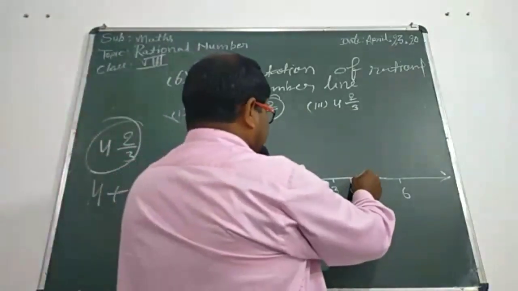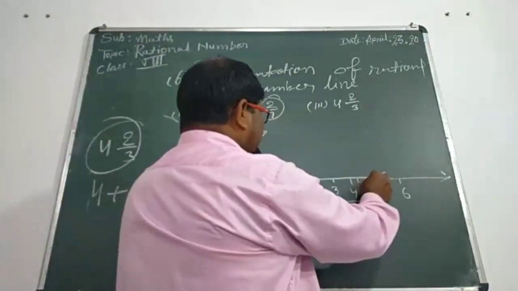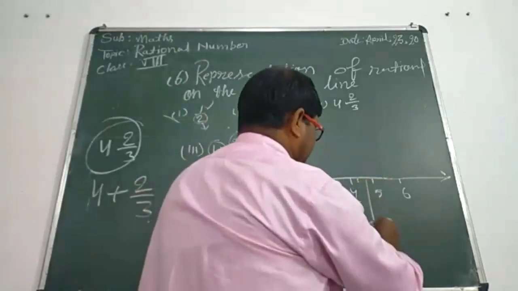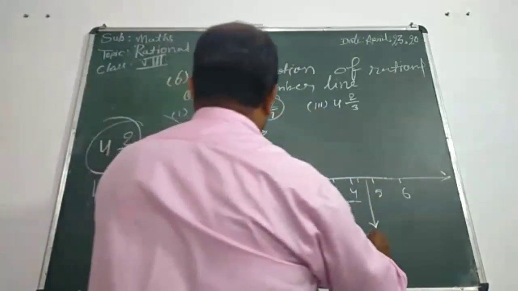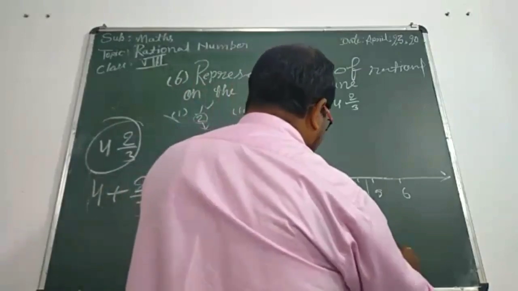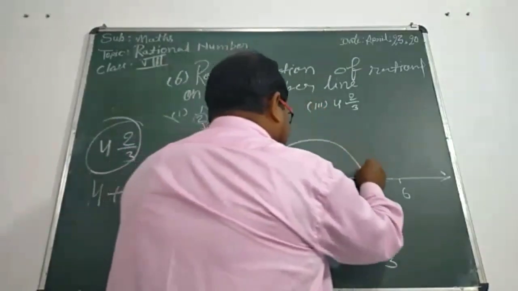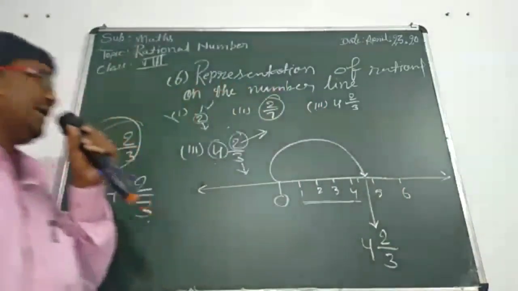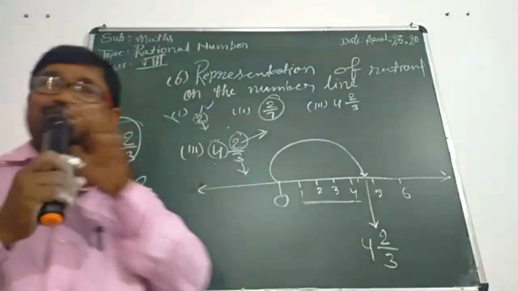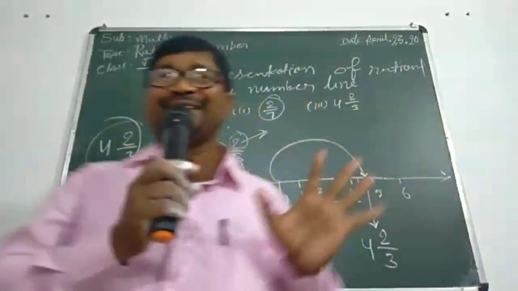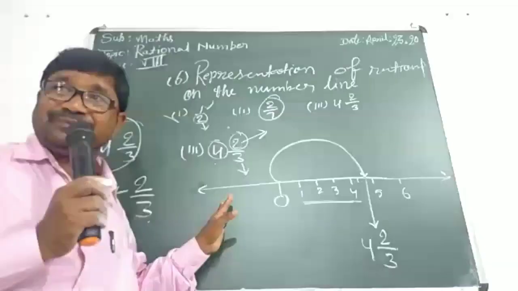So take 2 subparts. 1, 2. And that is called 4 whole number 2 upon 3 on the number line. Okay? Okay, student? Understood?